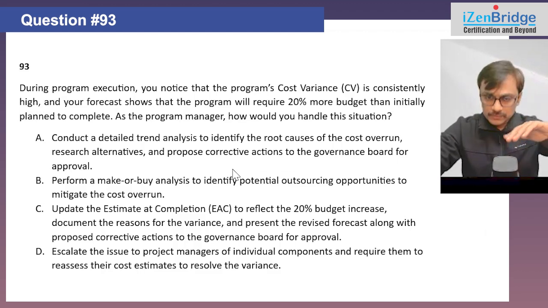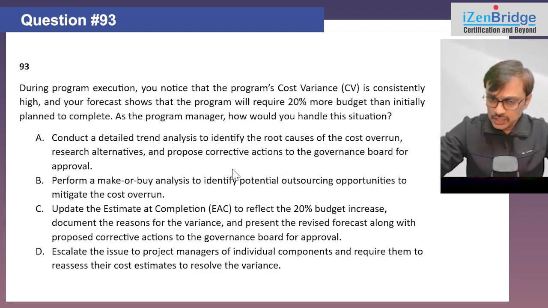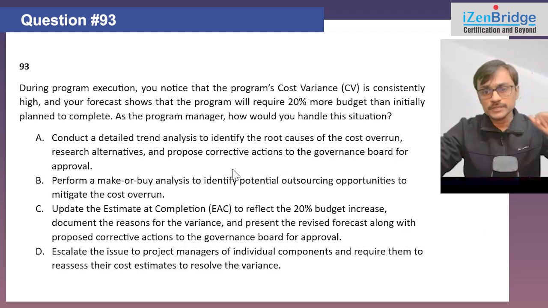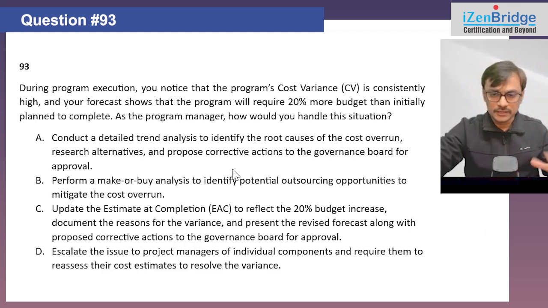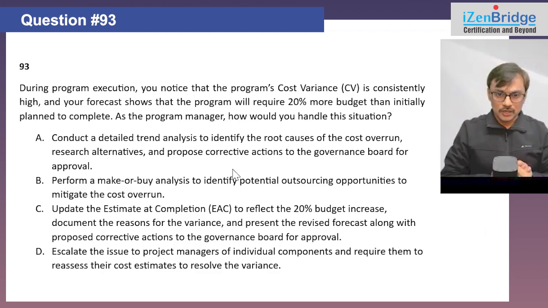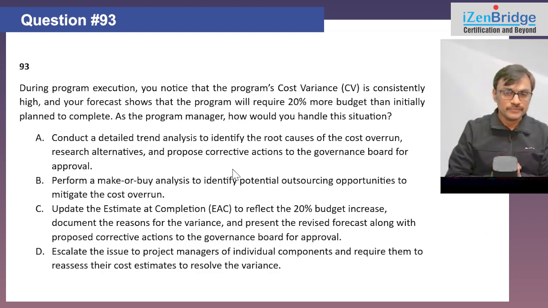You also estimated the overall forecasted completion expenses, and based on that forecasted estimate, you see that 20% more money will be needed. Now, how should you proceed from here when you see this particular program will take more money?